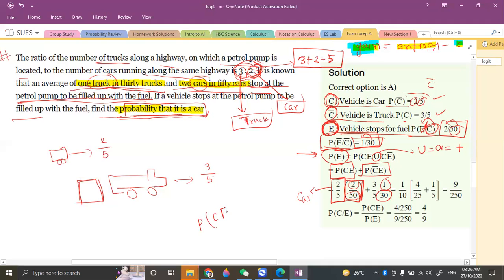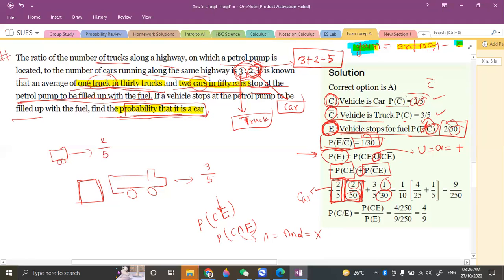If there is nothing here, that means there is an intersection sign. Intersection means and, and it is multiplication. So that's why we multiply these two results: 2 out of 5 is car, and the probability that the car needs fuel is 2 out of 50. And then this plus sign is for the union.